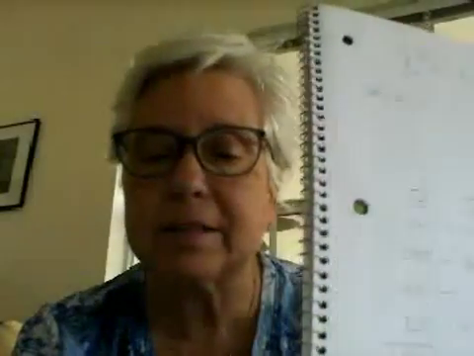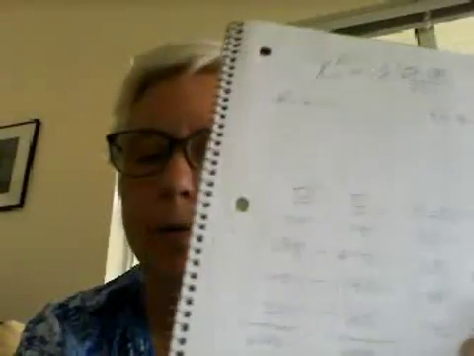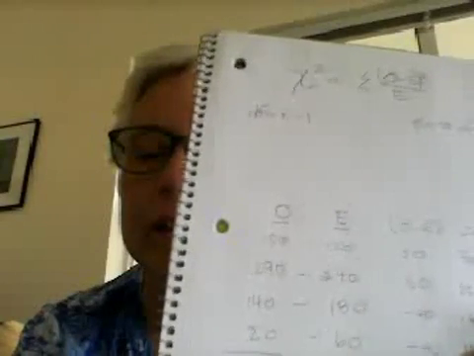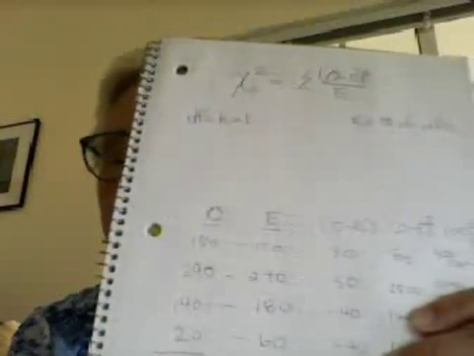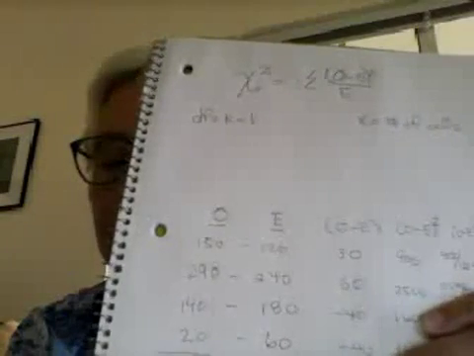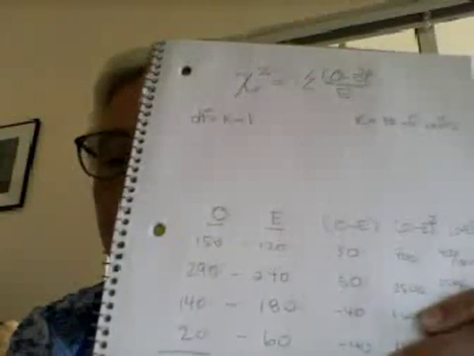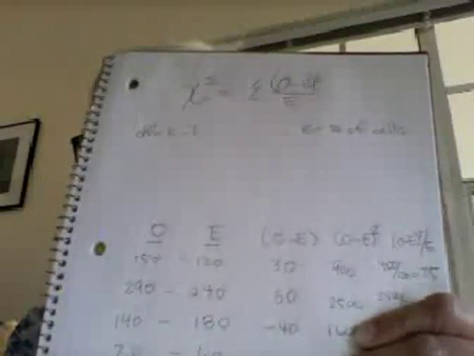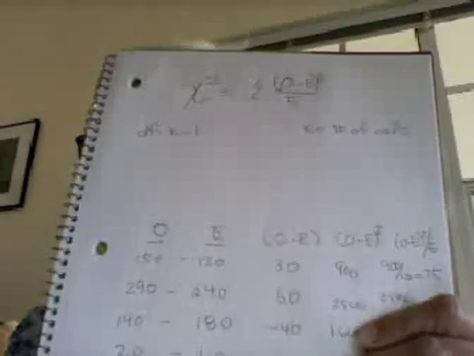You're going to see O, and then E, then O minus E, then O minus E squared, and then O minus E squared, all divided by E. So I'm going to talk you through it because my notes did not show up on that video.